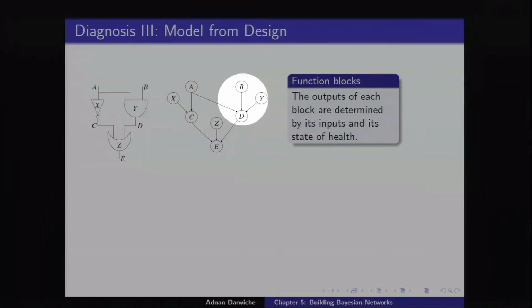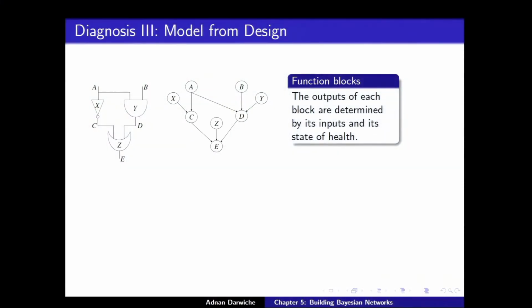The output D is directly caused by A, B, and Y. You see what's going on? And similarly for the last gate, the output E is directly caused by C, D, and Z. You basically just wire them up. It's pretty simple in this particular case.